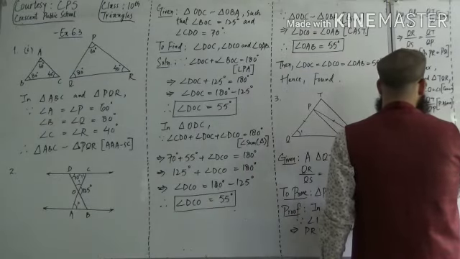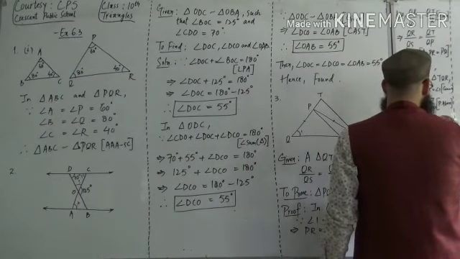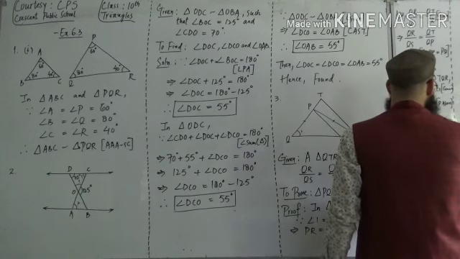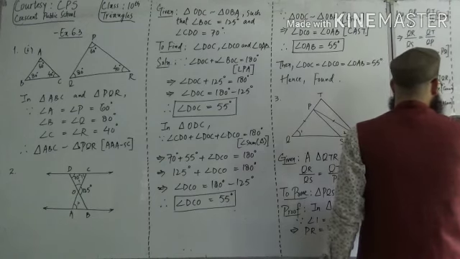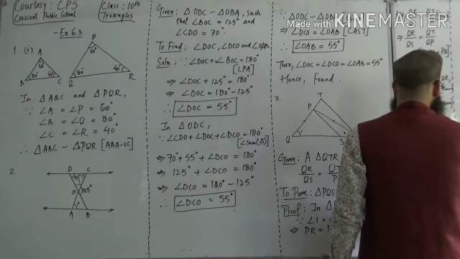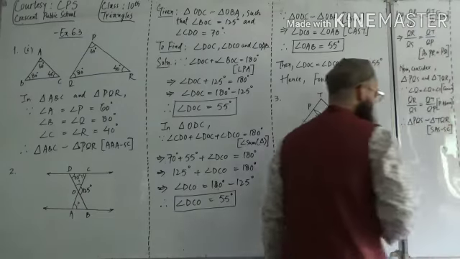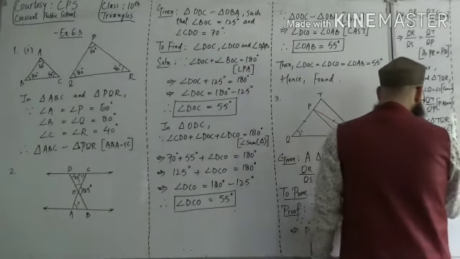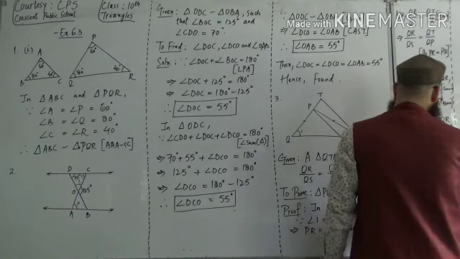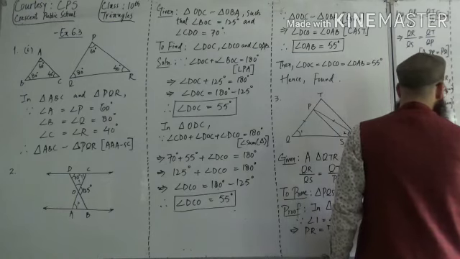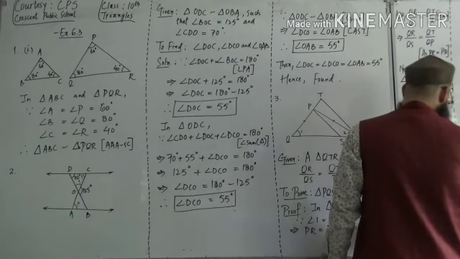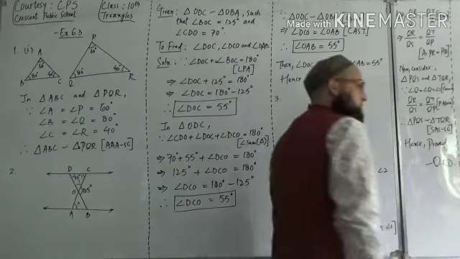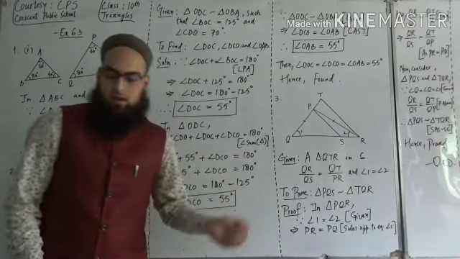Therefore, triangle PQS is similar to triangle TQR by side angle side similarity criterion. So you are done. Hence proved, quod erat demonstrandum. Kindly make a note.